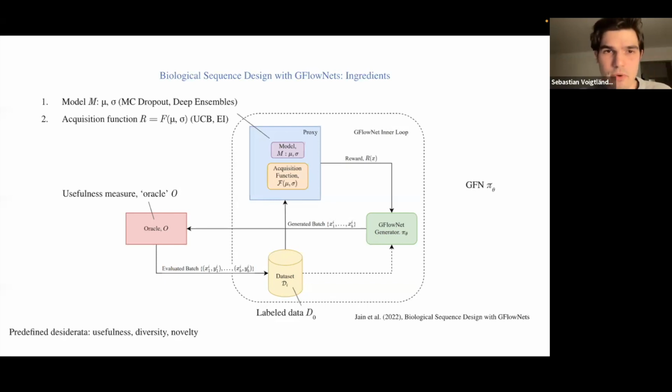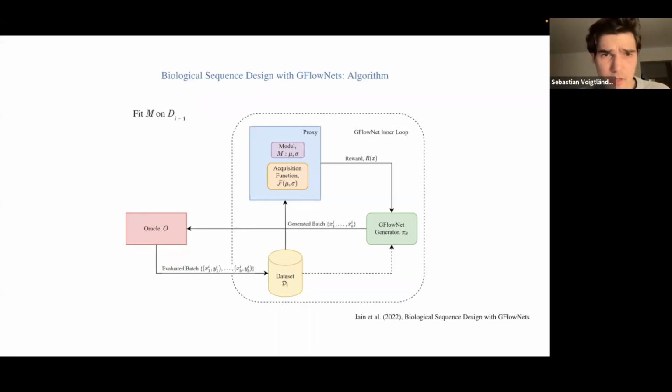So what you want to do in practice is fit a model to the data set. There are two loops to this algorithm. There's an inner loop where you train the GFlowNet with the methodology akin to what I explained in the practical example with the tree, and you have an outer loop where you train the actual model on the data set, because you can't query the oracle an infinite amount of times.